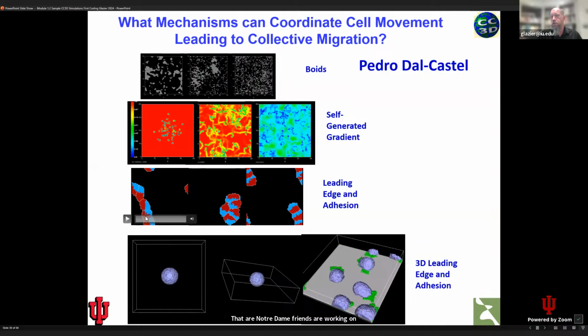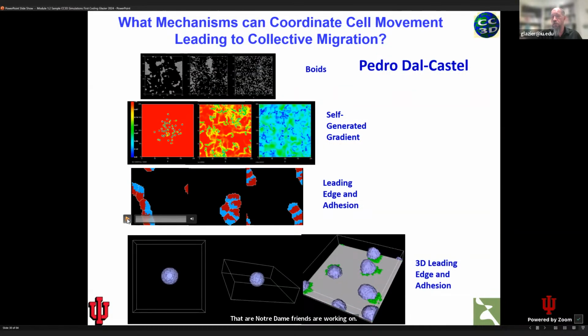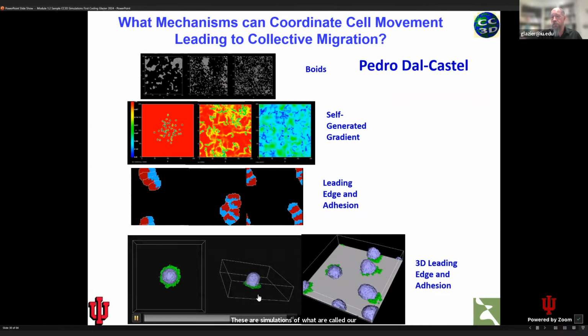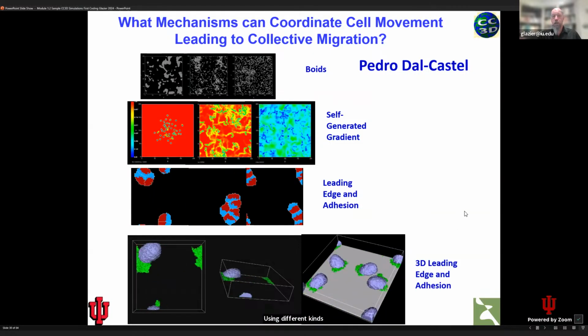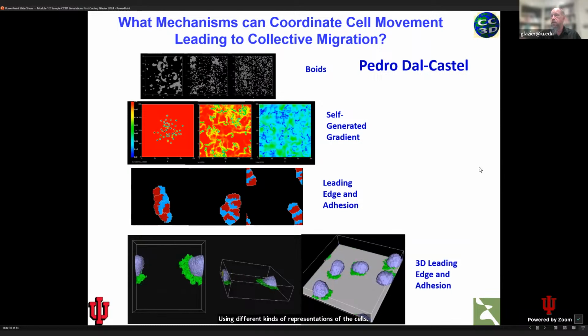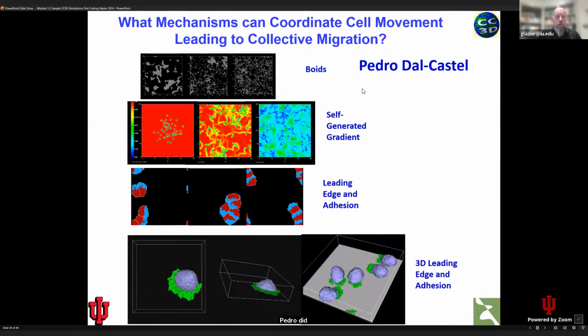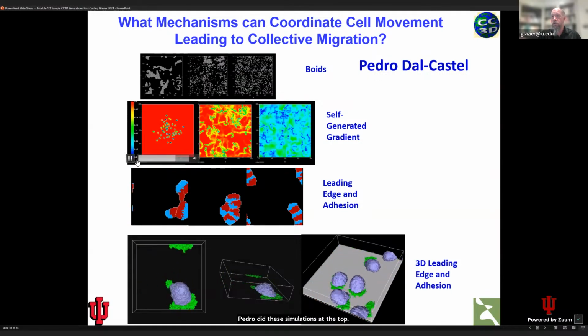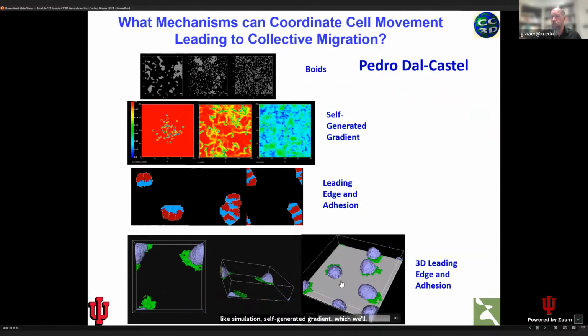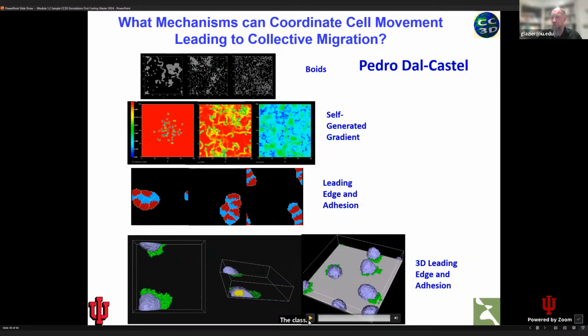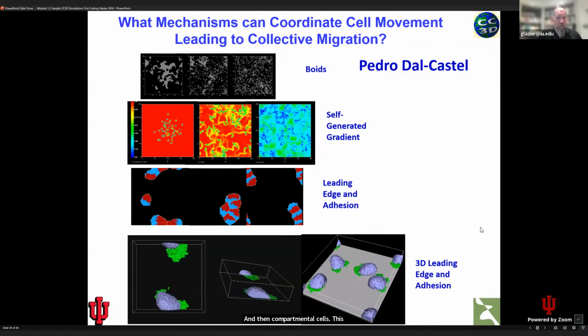These are simulations of what are called cell motility, using different kinds of representations of the cells. Pedro did these simulations at the top. Boyd's like simulation, self-generated gradient, which we'll do in the class. And then compartmental cells. This was a model that was developed by Gilberto, who's going to be lecturing for us.